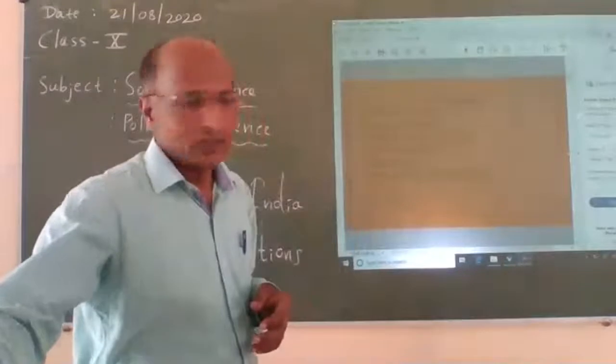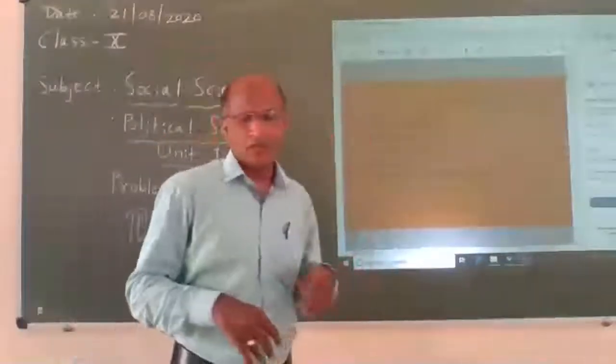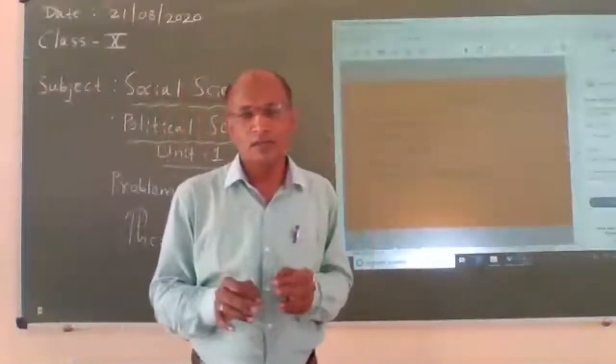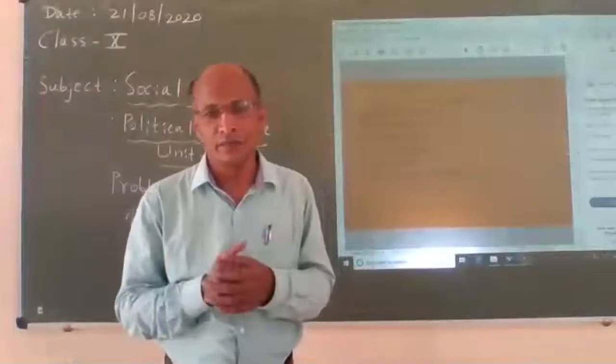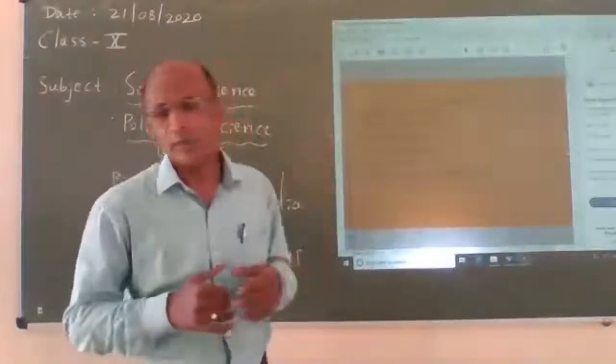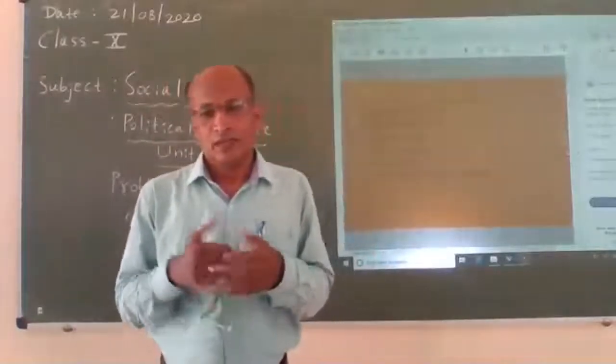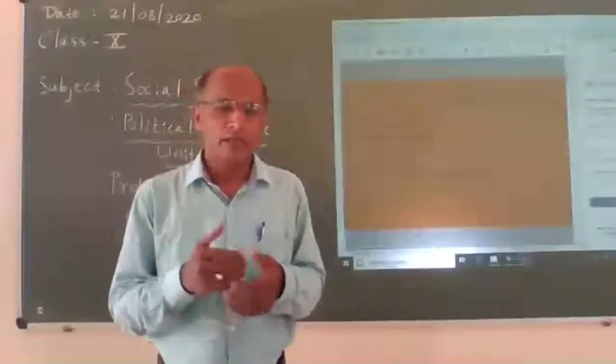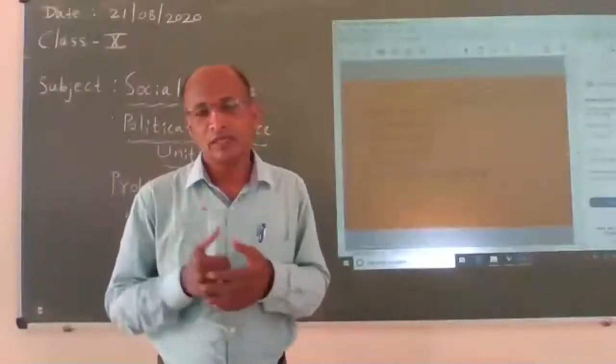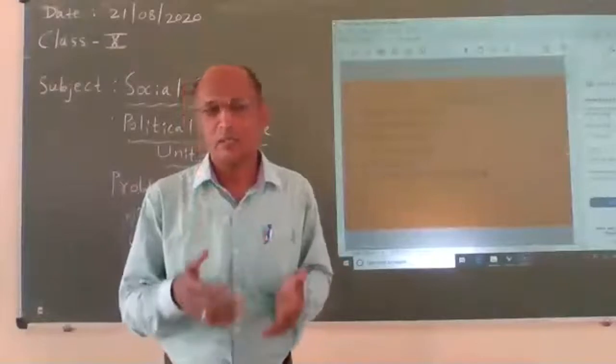Okay. And let's look at discrimination. Let me explain these problems briefly. The second problem is discrimination. Till today we see discrimination in society. Before independence, there was discrimination in society, and after independence, there is discrimination in society.